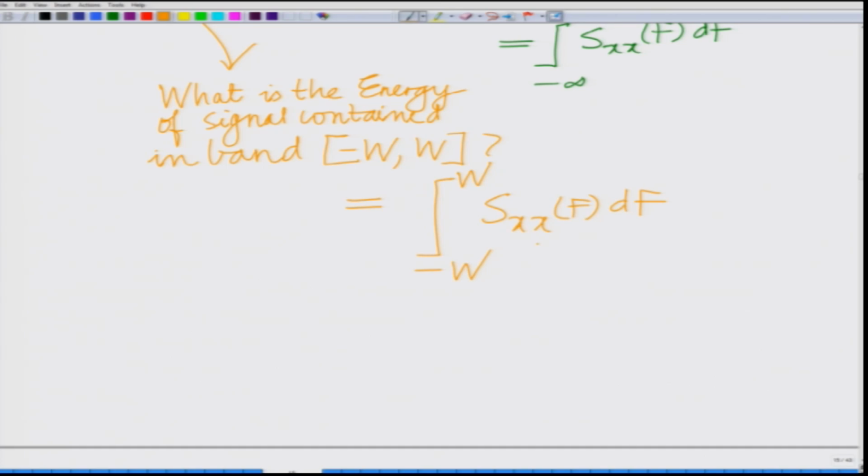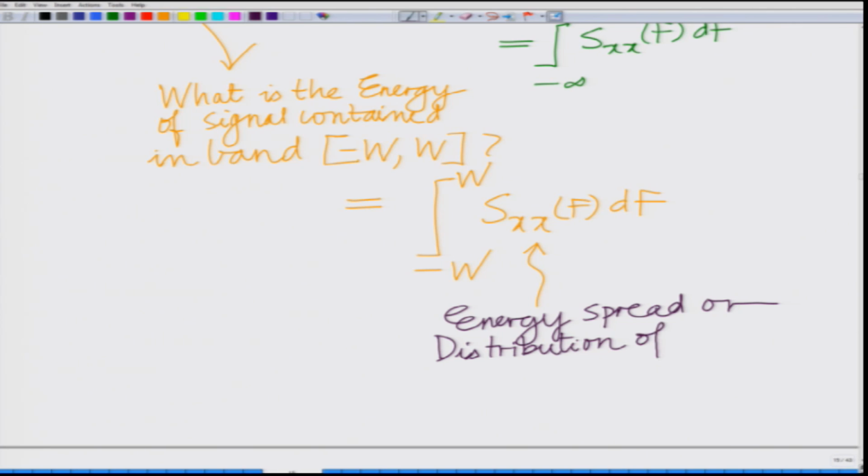So, this Sxx(f) gives me the energy spread or distribution of x(t) in the frequency domain.